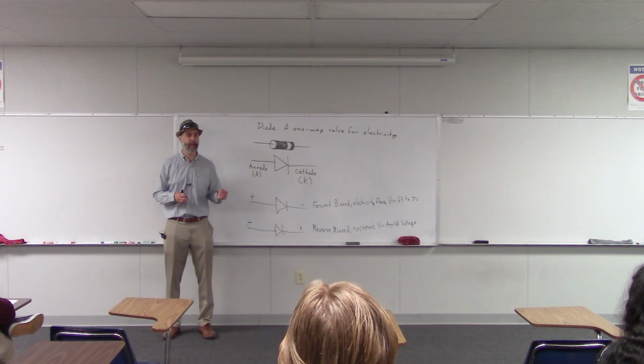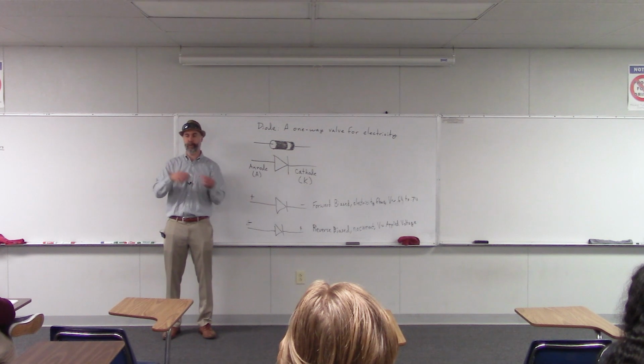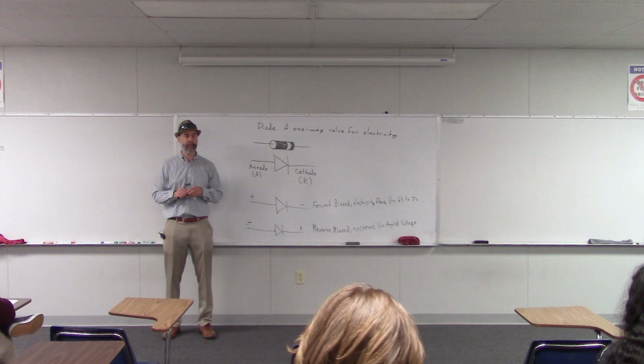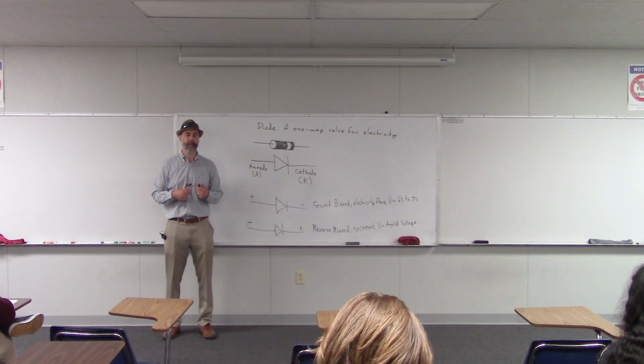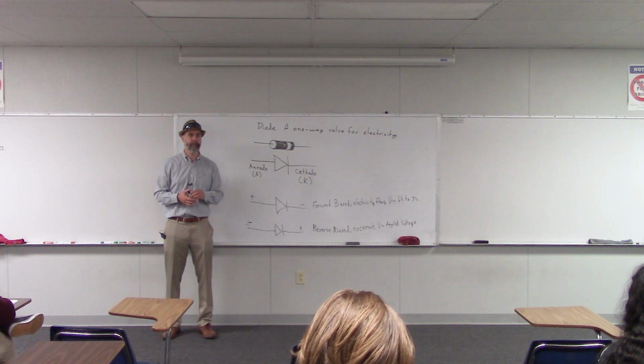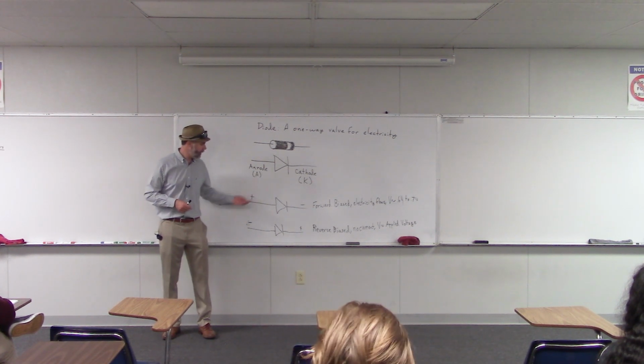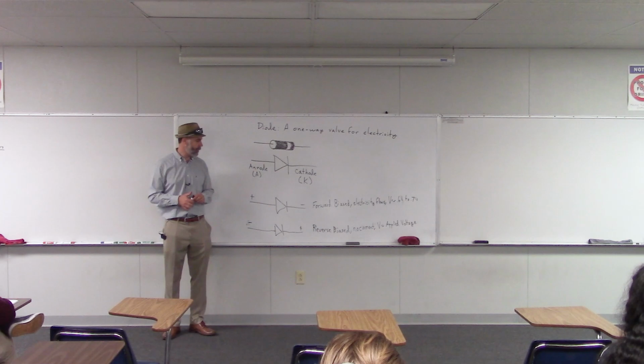So you can put a diode in there that allows the electricity to flow through when it's plugged in the correct direction, but blocks that electricity if it got plugged in backwards accidentally. So diodes can be very useful that way as well.